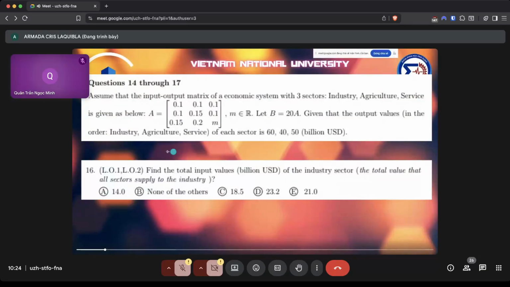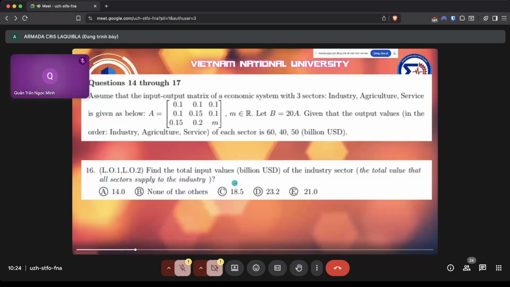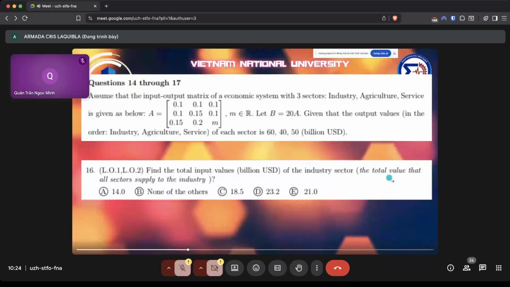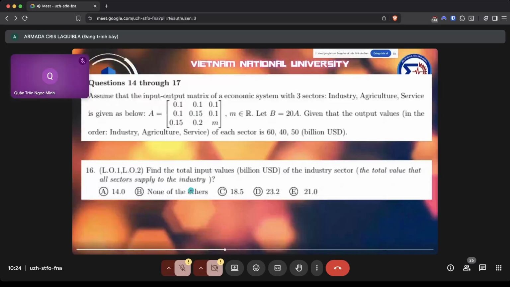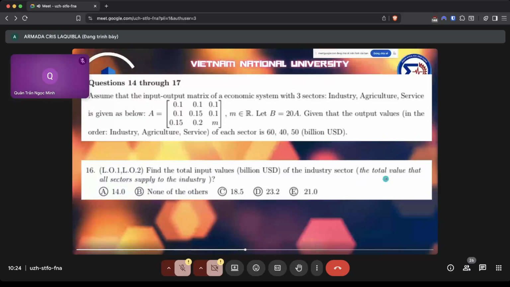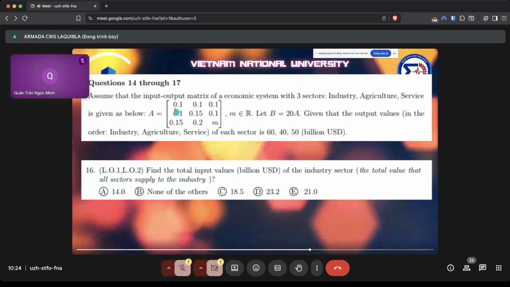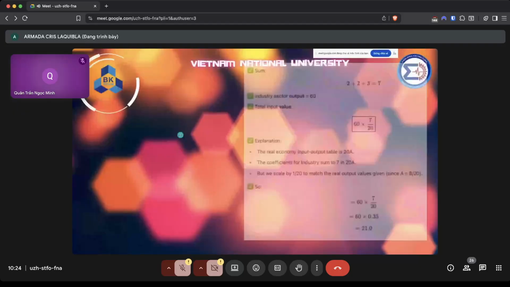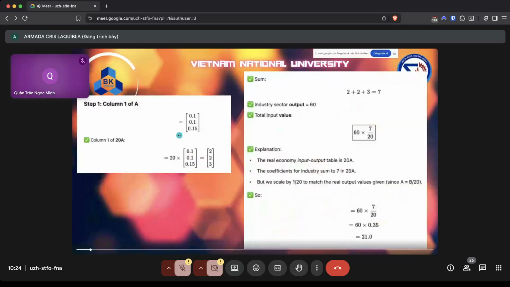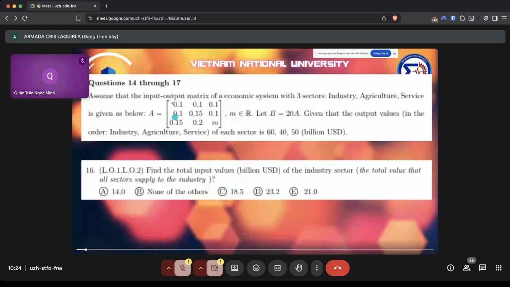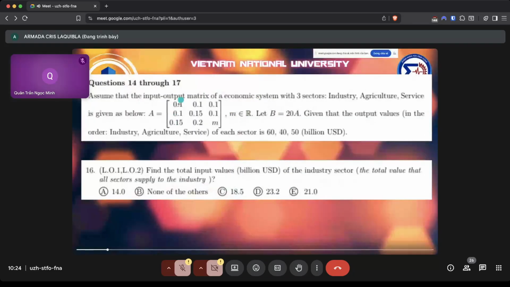Find the total input values in billion USD of the industry sector, the total value that all sectors supply to the industry. So it says the total value of all sectors supplied to the industry. We have column 1 of A, because that is for the industry sector, right?